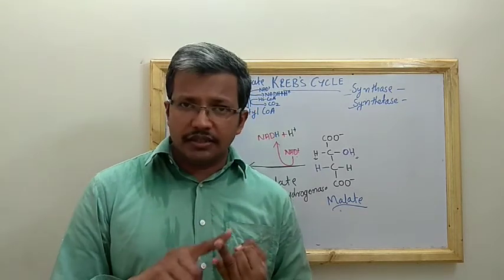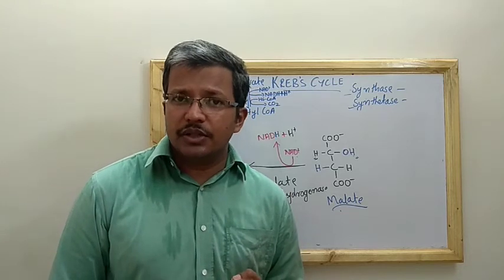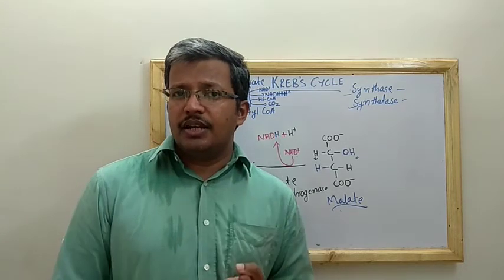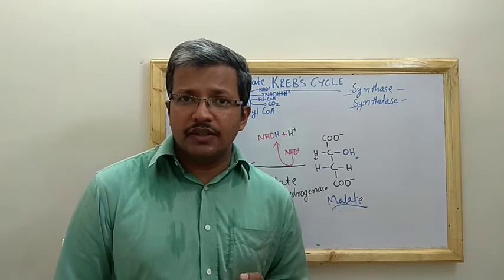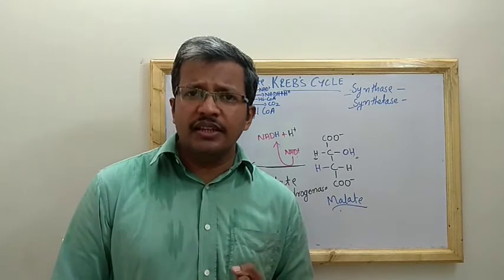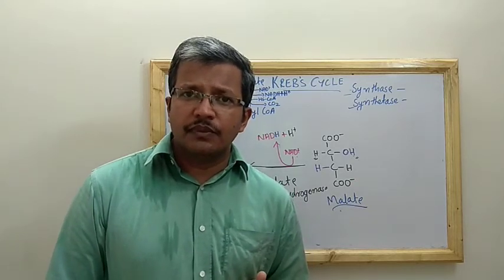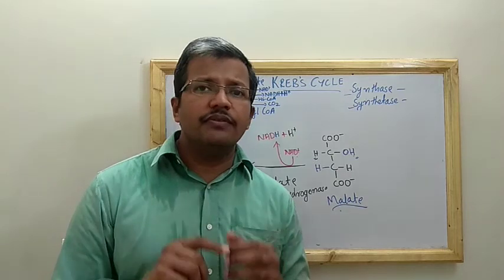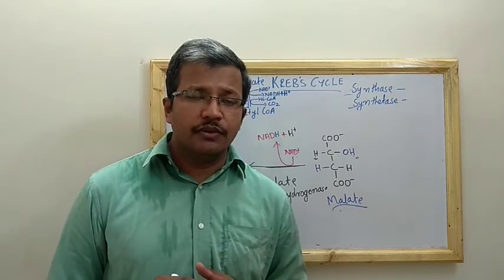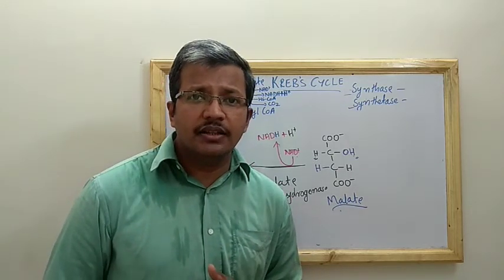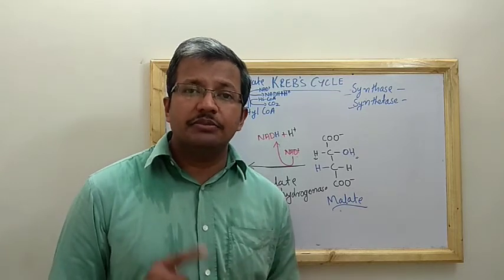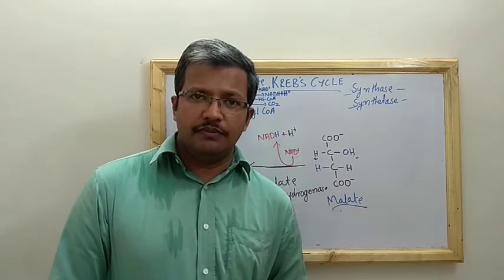Isocitrate to alpha ketoglutarate, then alpha ketoglutarate to succinyl coenzyme A: these are reactions where you can find the removal of carbon dioxide. Where can you find the formation of NADH plus H plus? In the isocitrate to alpha ketoglutarate step, alpha ketoglutarate to succinyl coenzyme A, and malate to oxaloacetate. Where can you find FADH2 formation? In succinate dehydrogenase, that means the succinate to fumarate step.